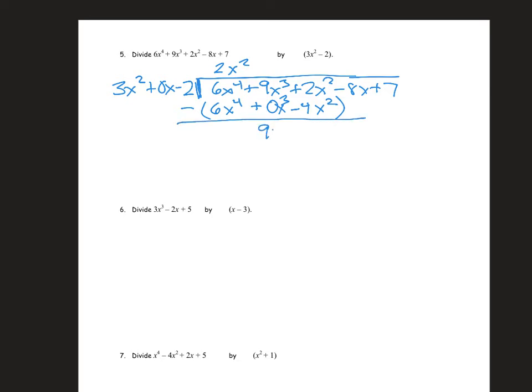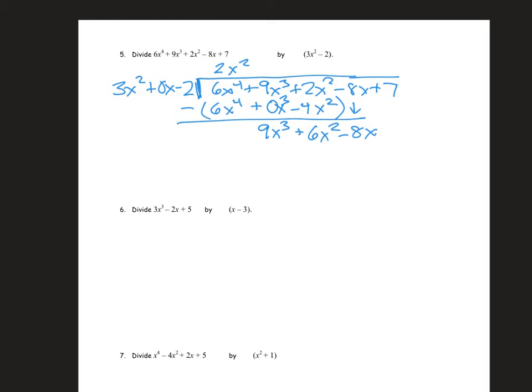And so we get 9x cubed left over, plus 6x squared, and then bring down the negative 8x. Again, go through it again: what times 3x squared will get me 9x cubed, and so on.